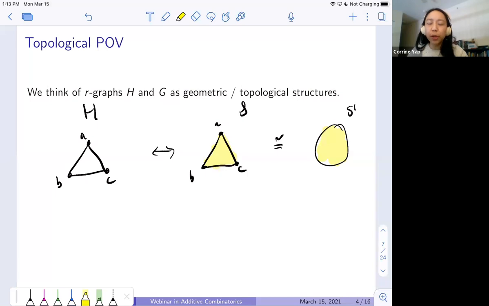You can really just think of triangulations of spaces. We're not going to be dealing with anything too weird. So the picture you can have in your mind is, a triangular face is homeomorphic to the disk, and a triangulation of the sphere is homeomorphic to the sphere.